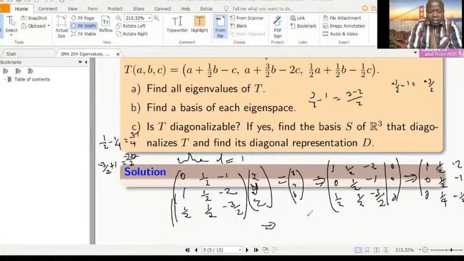Now, so what do we have now? The first row remains where it is. The second row, we can even multiply it by 2, or just leave it the way it is.